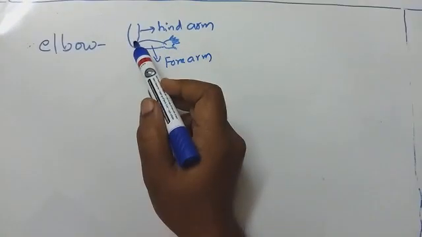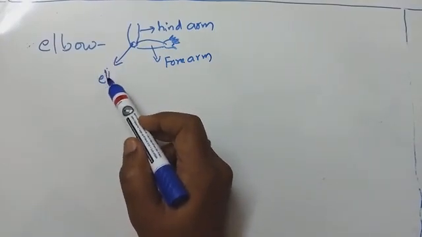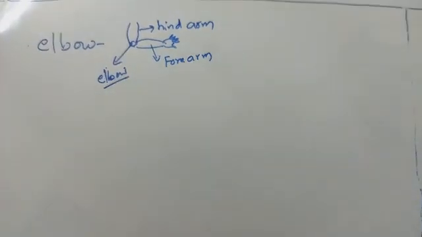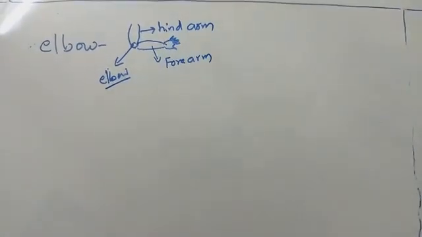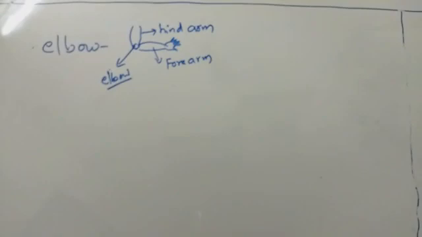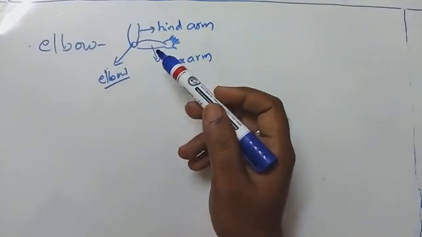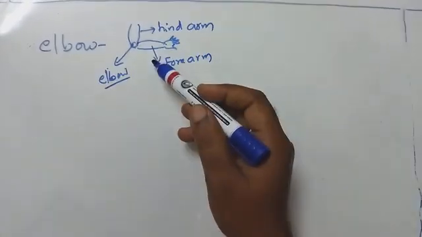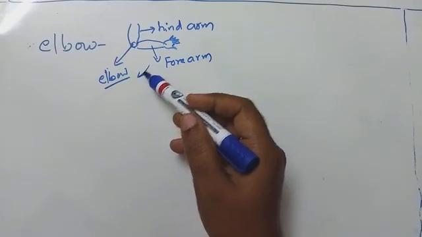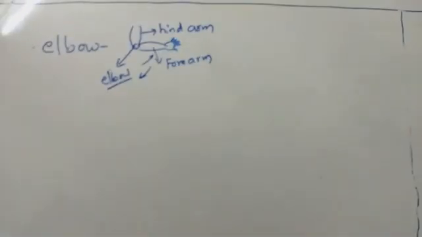So this is the elbow, right? So at the elbow, forearm and hind arm appear to be joined, and at this joint we are able to move this forearm back and forth. So here to here, like this, we can make a movement.